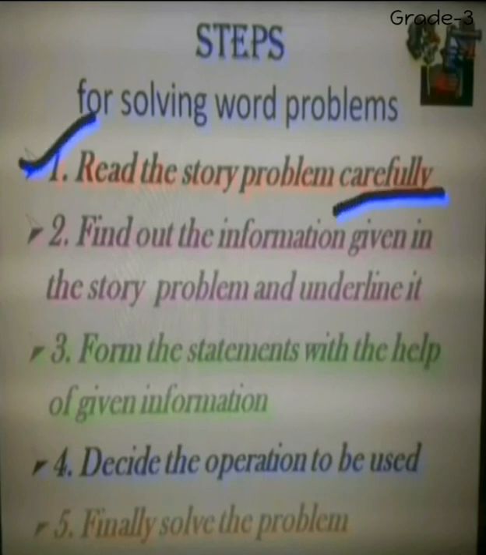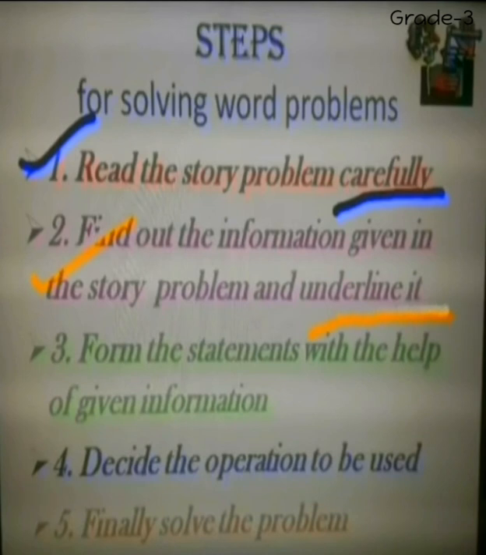Children, for solving story problems, we should follow some steps. Like, first, read the story problem carefully. Second, find out the information given in the story problem and underline it.